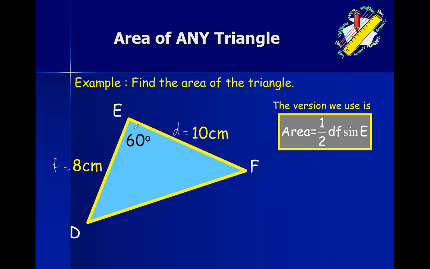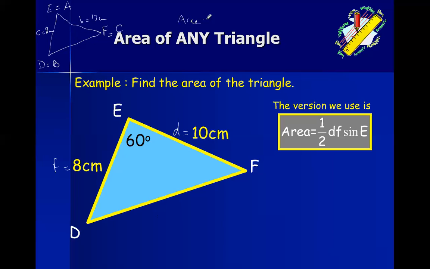Or the other thing I've seen sometimes is a student like in A, B, and C just told me that I'm going to make E equal A, for example. I'm going to change D into a B, and I'm going to change F into a C. And that way, he went and said C is 8 centimeters, and then B is 10 centimeters, and he just gave me the area.